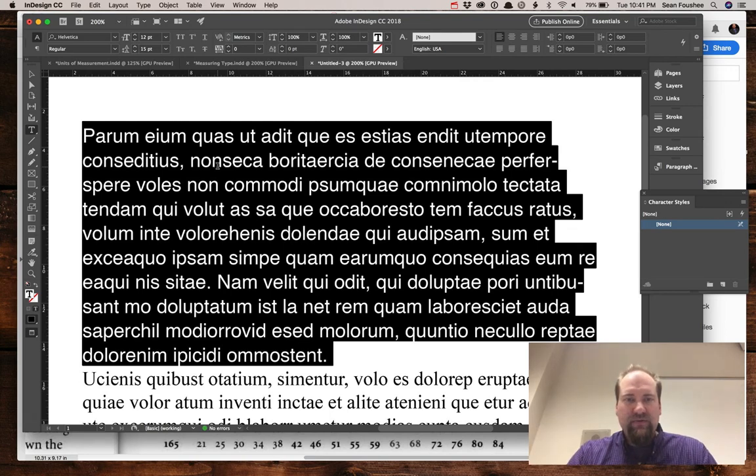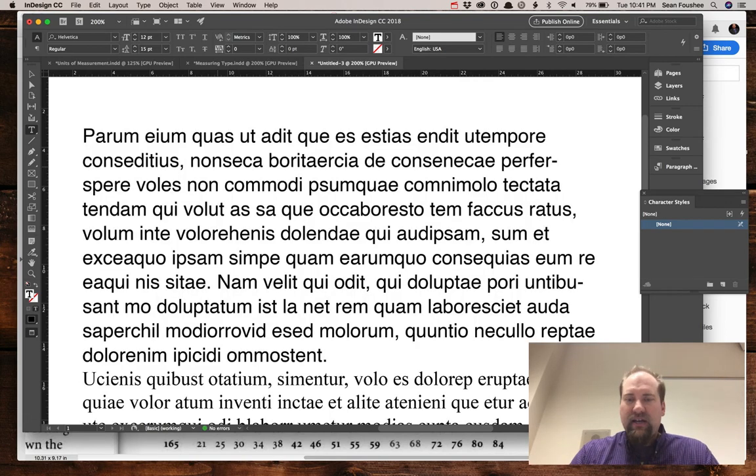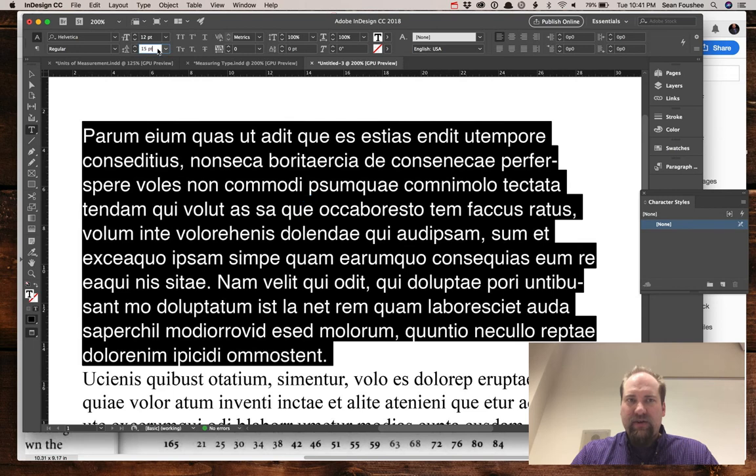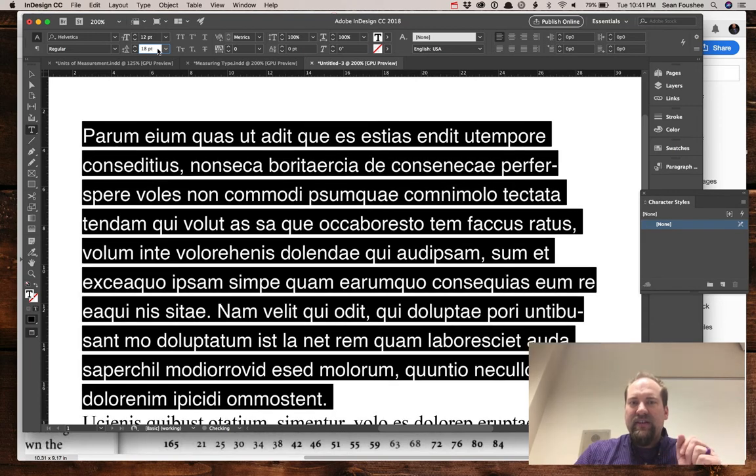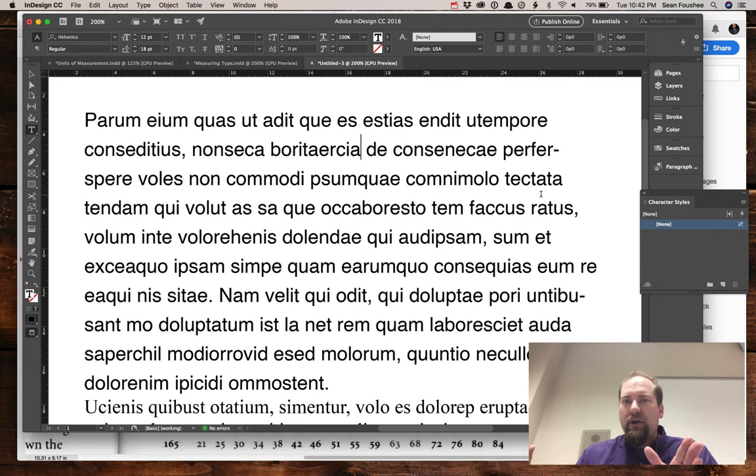So if I were to select this and begin to increase from 15 points, 16, 17, 18, that is the outside edge. That's as far as I want to go with this particular font with my leading. That is 6 extra points of leading. So there you go when it comes to leading.